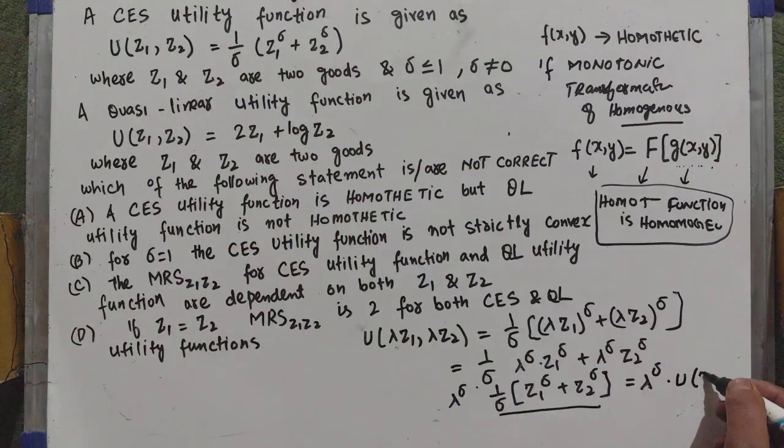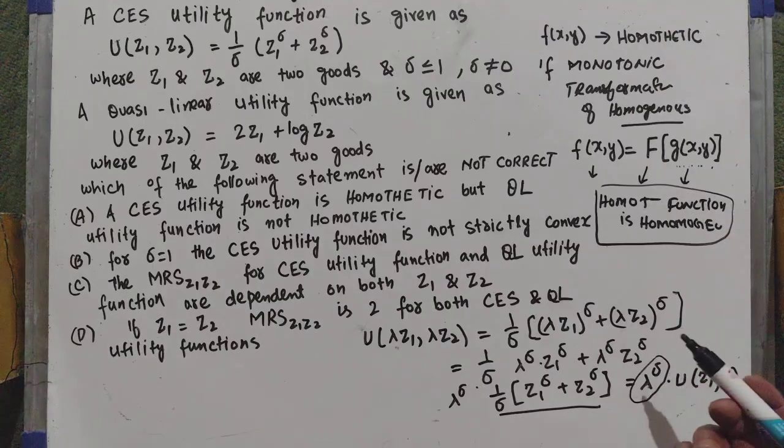So if we are able to factor out lambda from this equation, we get a homogeneous function.